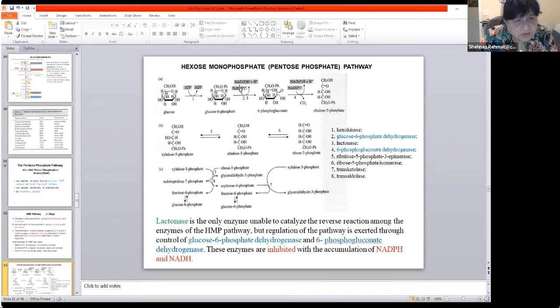So what are they doing? The electron carrier that comes in is NADP, not NAD, and it is generating the reduced form of your electron carrier. As well, it has converted glucose 6-phosphate to 6-phosphogluconate. So whenever you hear gluconate as an intermediate, you know it is the HMP pathway operating, not glycolysis.